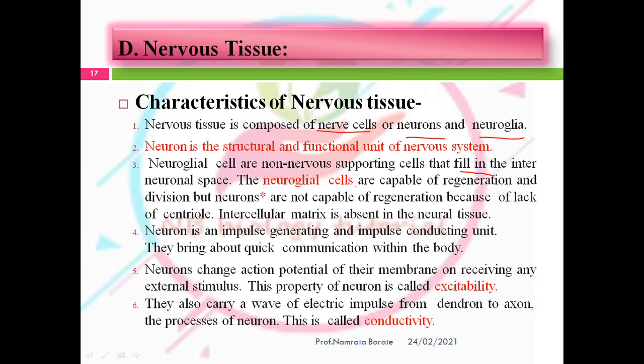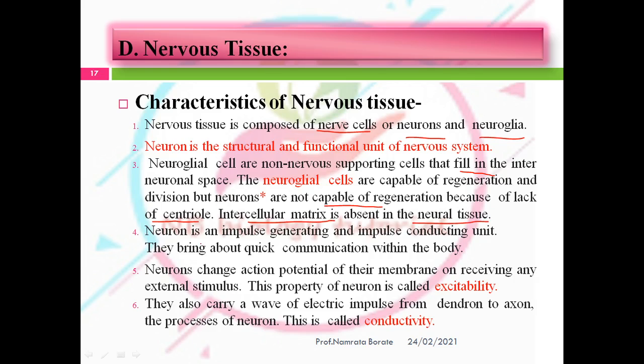The neuroglial cells are capable of regeneration and division, but the neurons are not capable of regeneration because of the absence of the centriole. The intercellular matrix is absent in the neural tissues.